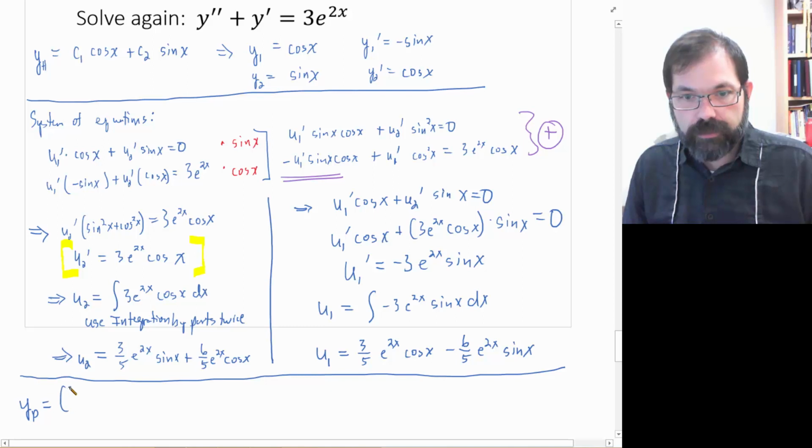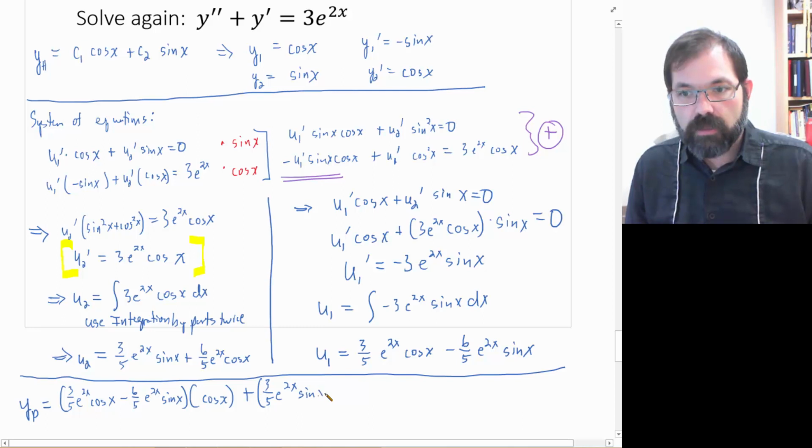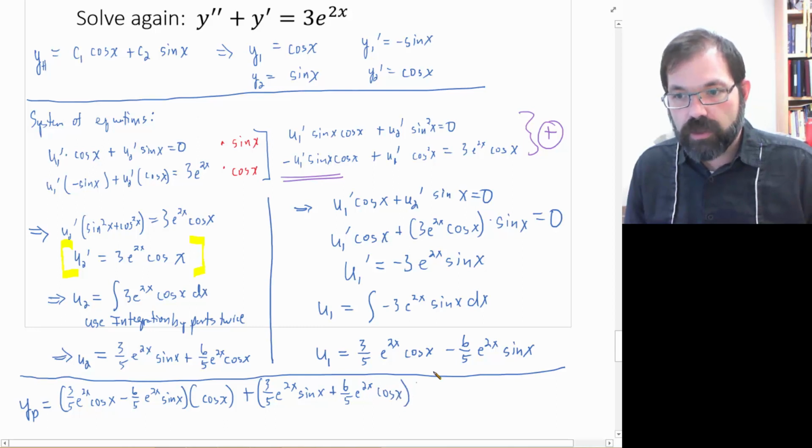So u1, 3/5 e to the 2x cosine x minus 6/5 e to the 2x sine x, times y1, cosine x, plus u2, 3/5 e to the 2x sine x plus 6/5 e to the 2x cosine x, times y2, which was sine x.